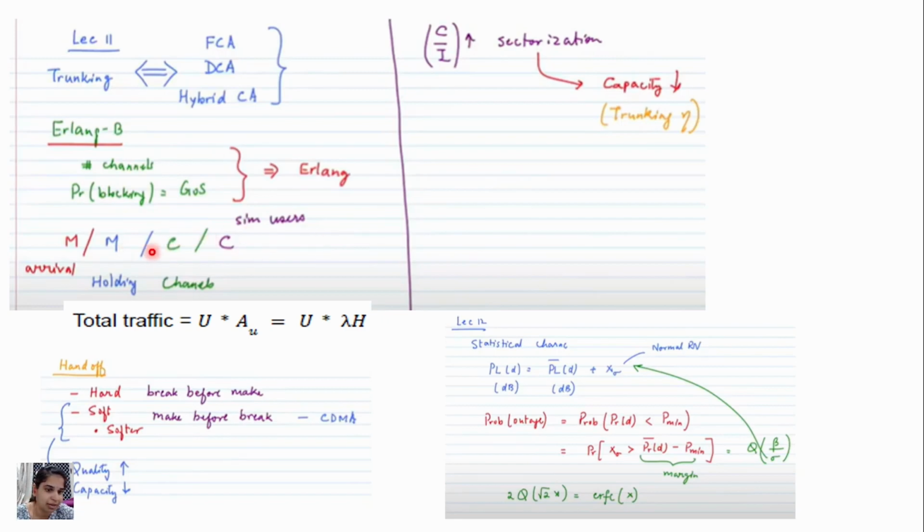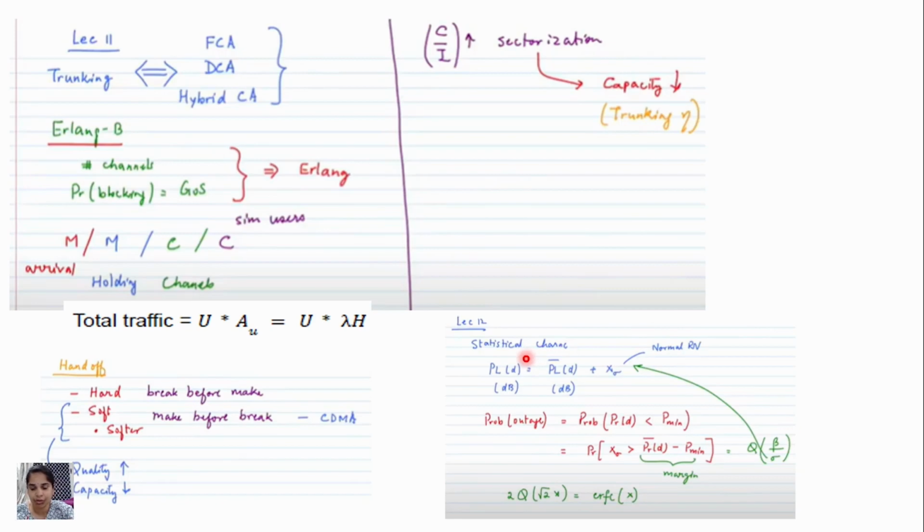The total traffic was given as the total number of users into the average number of calls into the average call duration. And in handoff you had hard handoff and soft handoff, and what they are and all those things.